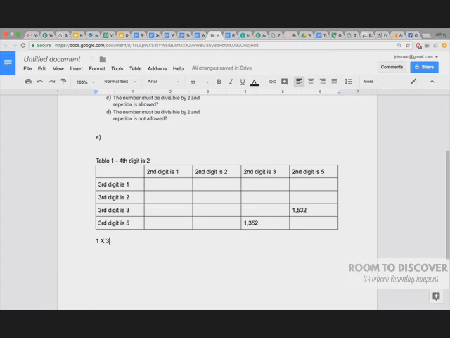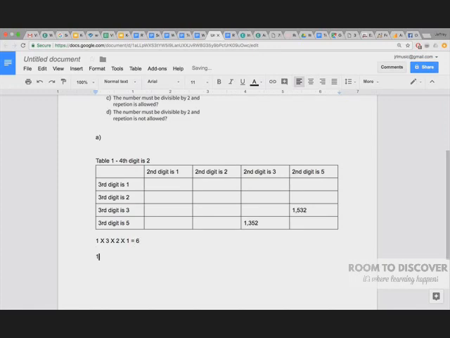Sorry, I have 3 options for my second digit, 2 options for my third digit, and then I'm only left with 1 option for my last digit, because I'm eliminating options as I go on. So my total here should only be 6 options.